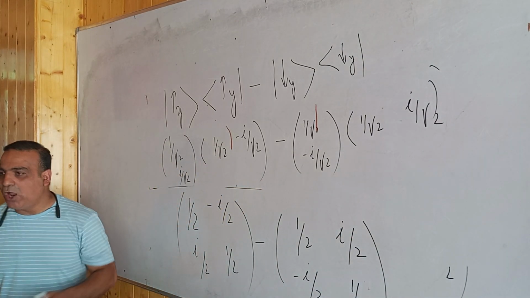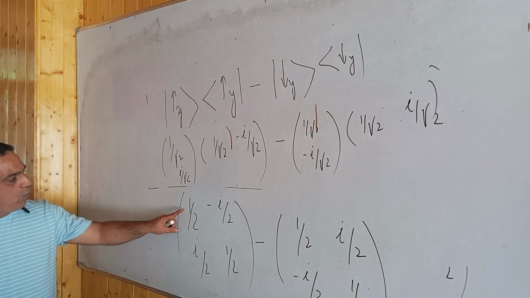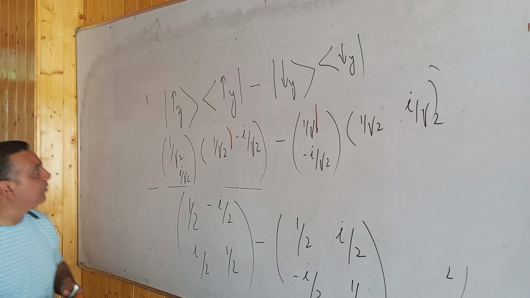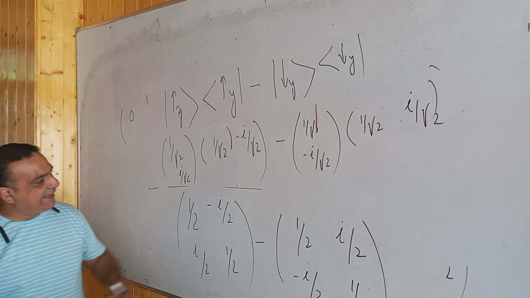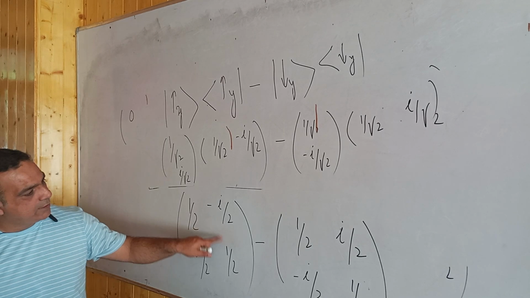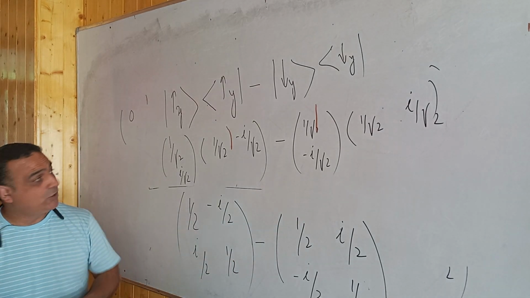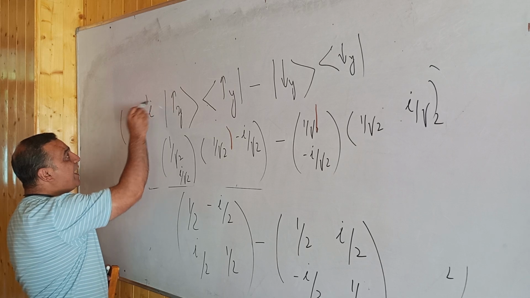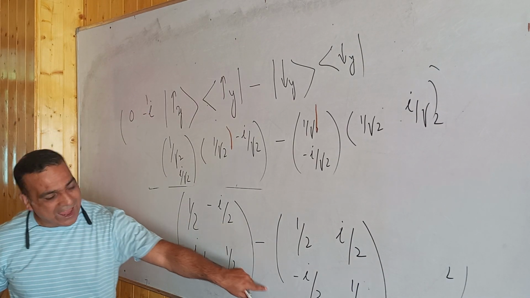Fine? Now all you have to do is to subtract the two matrices. Okay? So 1 by 2 minus 1 by 2 will give us 0. And minus 1 by 2, minus 1 by 2 will give me minus I, right? So here I will have minus I. Then I by 2 minus, then you have minus.